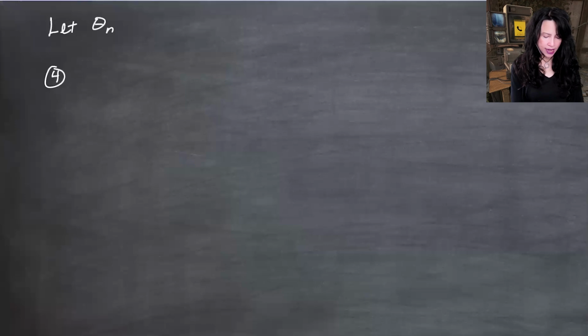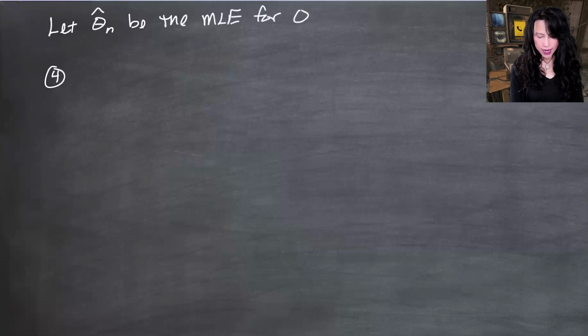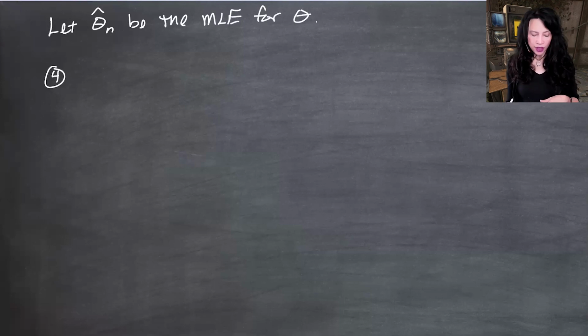This is property 4 in our list of properties of MLEs. As a setup here, I'm going to let theta n hat be the maximum likelihood estimator for theta. Because we've been picking out some conditions that we need as we go, and the first thing in our list of properties was that the MLE exists and is unique, I'm writing this under the assumption that it does exist and is unique.